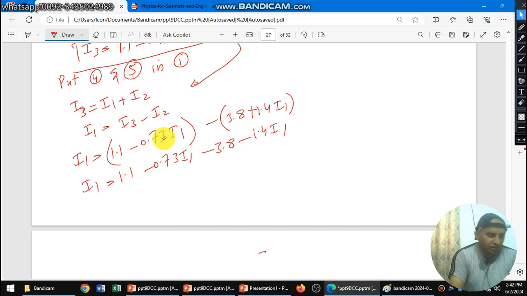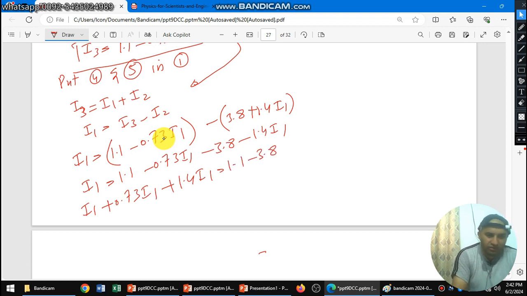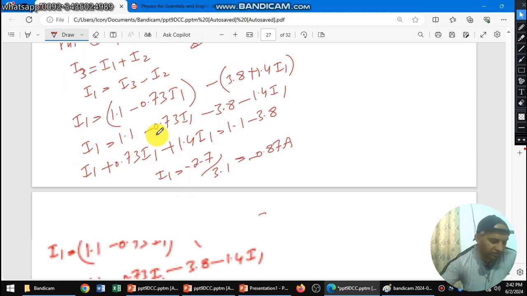Okay, now we solve for I1. I1 plus 0.73 I1 plus 1.4 I1 gives us 1.1 minus 3.8. So we get I1 equal to minus 2.7 over 3.1, which gives us minus 0.87 ampere. This is I1.